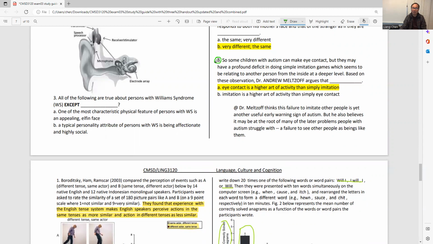But the idea here is that eye contact seems to be a higher level of activity than simply imitation. Both of them are high level, but eye contact is even higher than simple imitation.